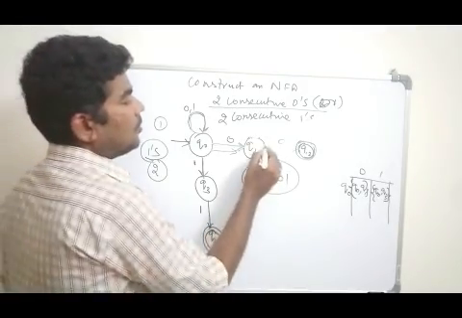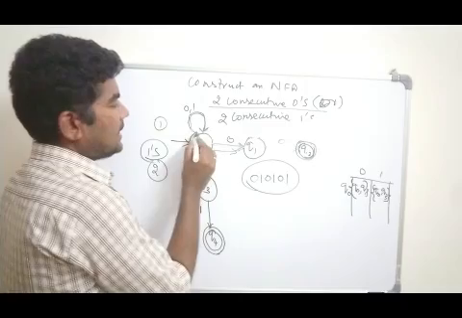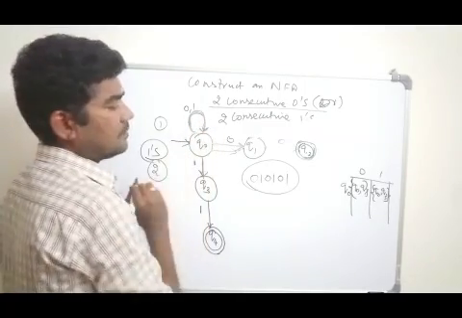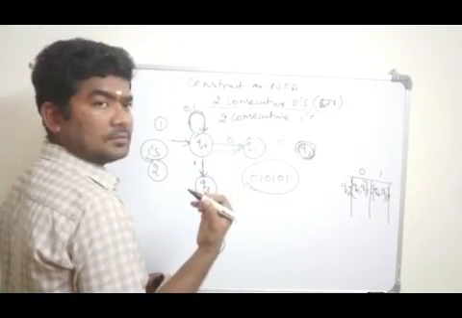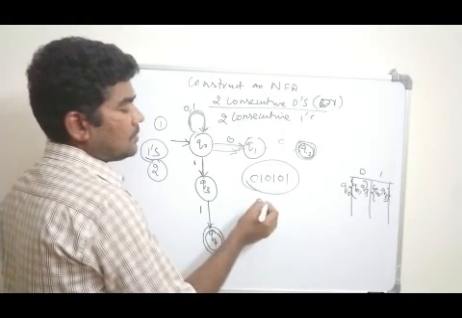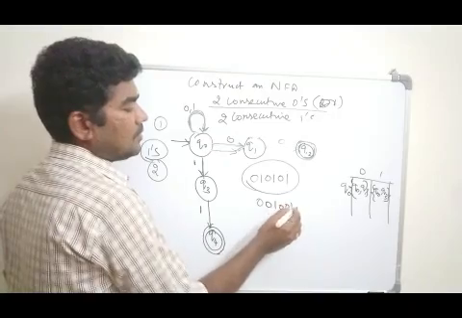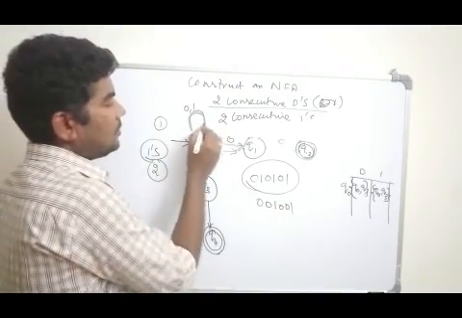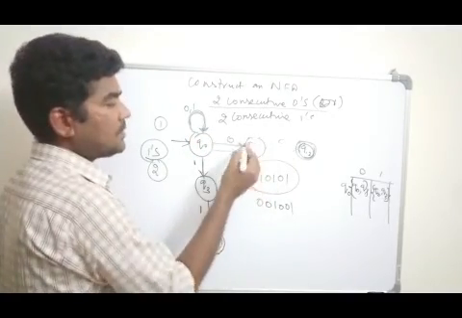Now I'll take this one. It starts with 0, then 1 is there, then again 0 is there, then no 1 is there. If it is like 0 0 1 0 0 1, it will take 2 consecutive zeros. Now 0, now 0 here, then again 1 is coming, it is not accepted.